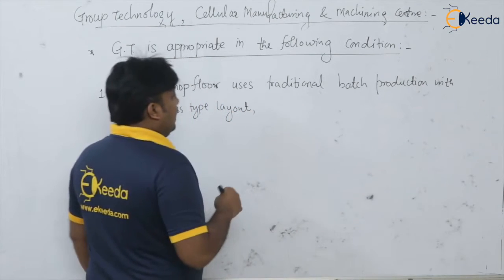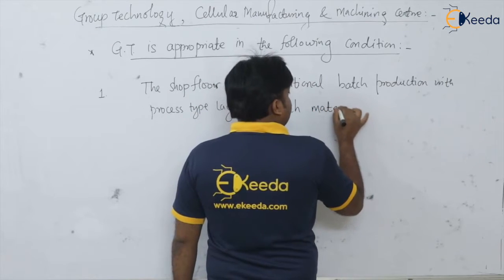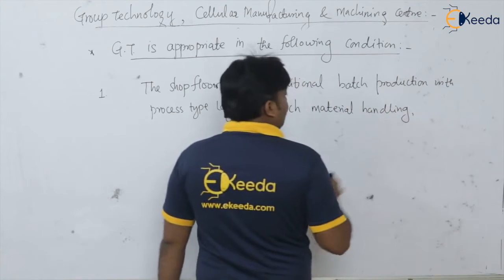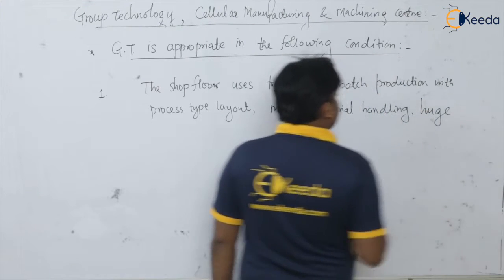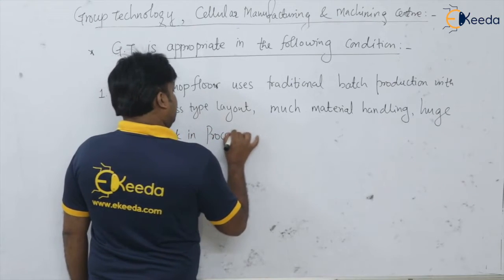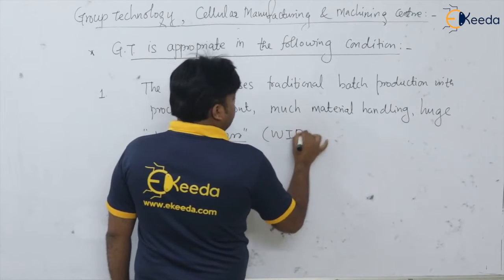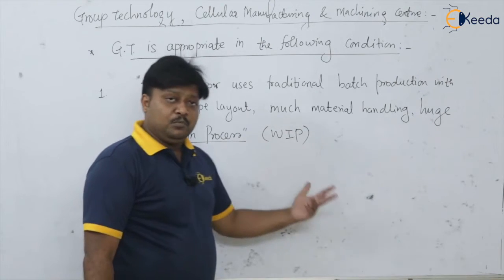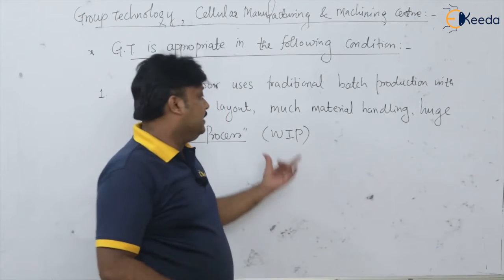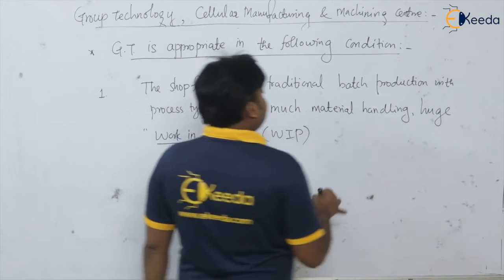This is one thing, and you are having much material handling, and you are having huge work in process inventories. Please remember this word, work in process, very important in the manufacturing industry, that is WIP. This is nothing but the kind of inventory which is under processing. It is neither complete inventory, nor finished part inventory, nor raw part inventory. So it is in process. WIP is known as work in process inventory.